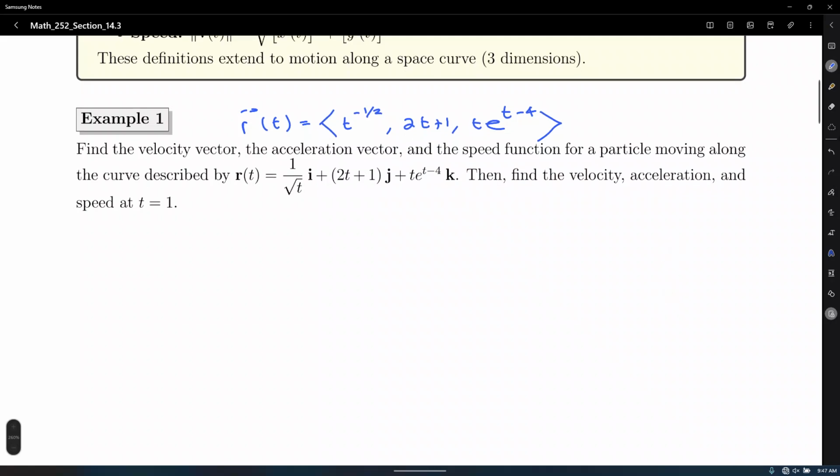All right, number 1, let's find the velocity vector. Let's take the derivative, v of t. We need t to the negative 1/2, take the derivative, that is negative 1/2 t to the negative 3/2. The derivative of 2t plus 1 is simply 2. And the derivative of t e to the t minus 4, which differentiation rule do you think we should use here?